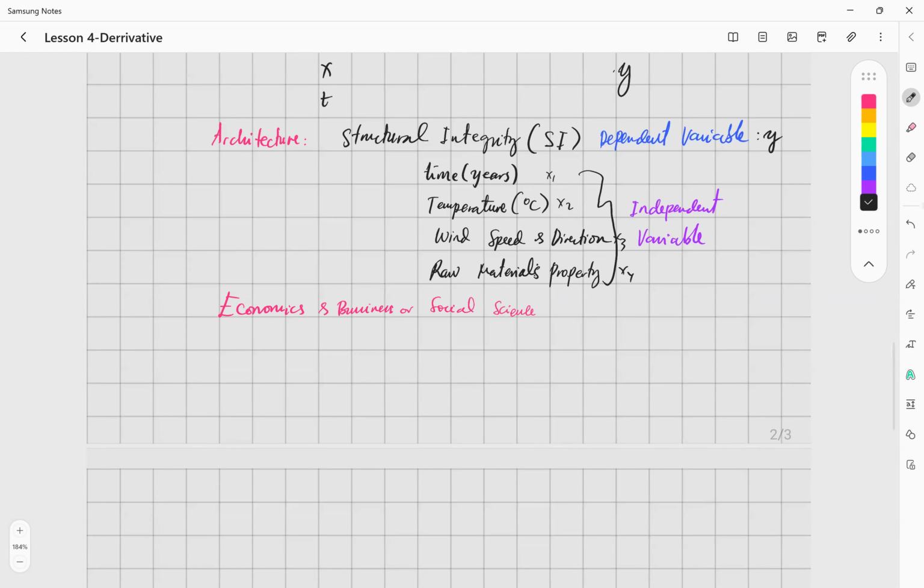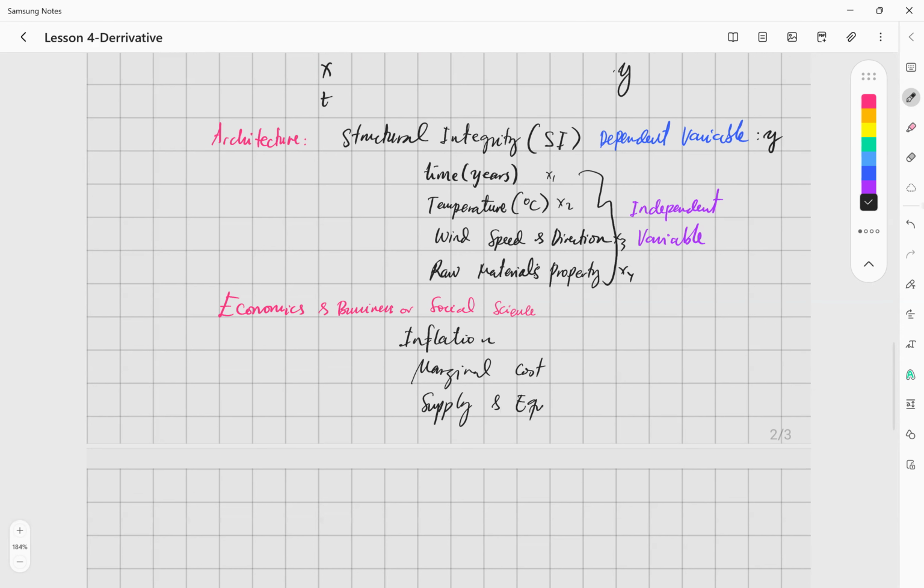Inflation is changing, and there's a bunch of other stuff. For example, you can talk about marginal cost, supply and demand, equilibrium.